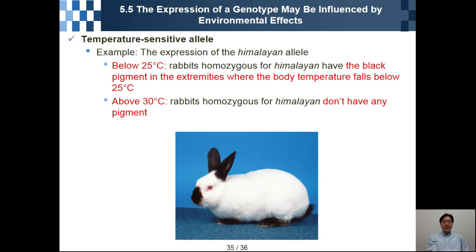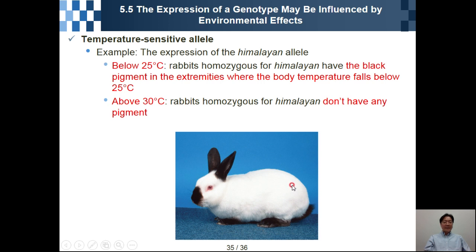In this slide we will see another temperature-sensitive allele. Another example is expression of the Himalayan allele, expressed in the rabbit. Rabbits homozygous for Himalayan below 25 centigrade have black pigment. But above 30 centigrade, rabbits homozygous for Himalayan don't have any pigment like this.